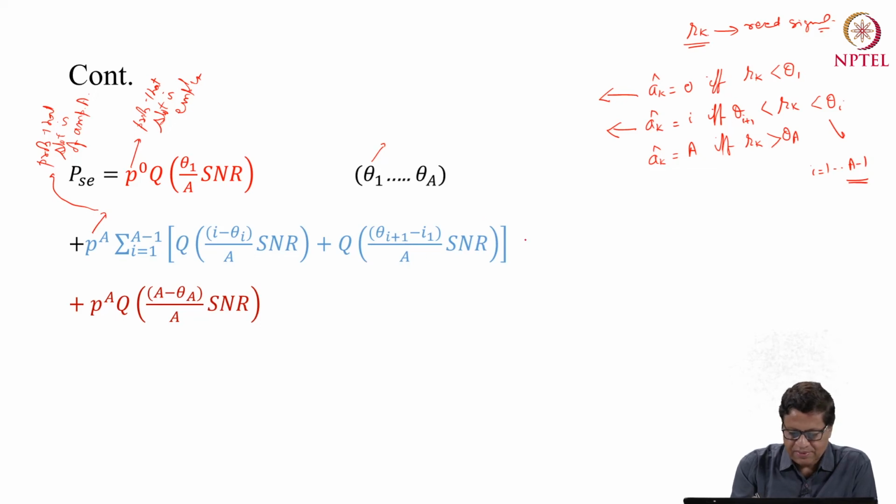And for the third one, AK is equal to A if and only if the received value is greater than theta A. This is the probability that there is a slot, A minus theta A divided by A SNR. So these are the three terms which are added to give you the probability of slot error rate in case of DAPPM.